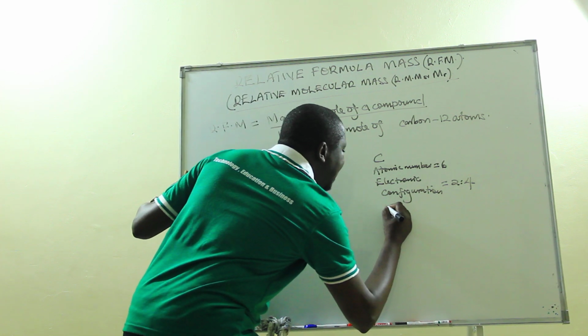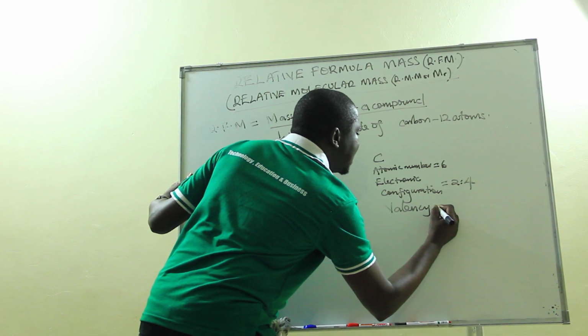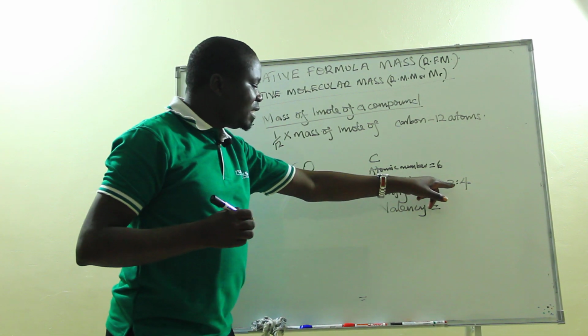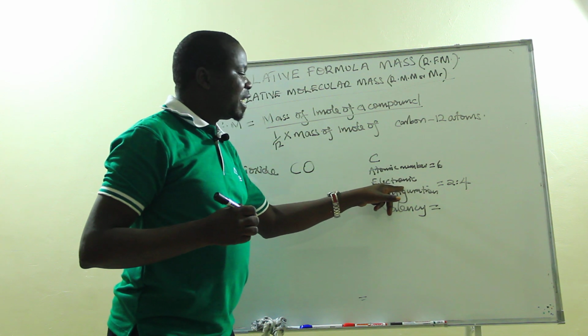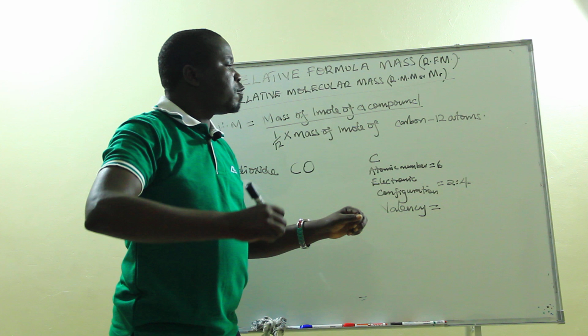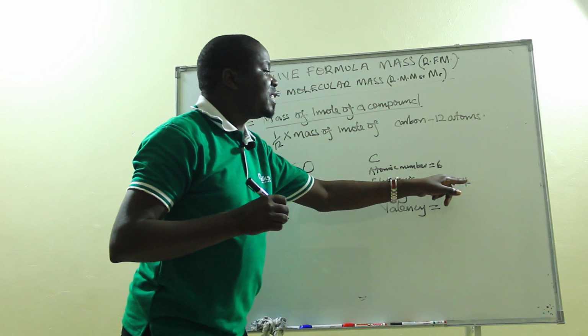Now, if I want to get its valency, the valency of carbon is the combining power of carbon. Since it is a non-metal element, I subtract the number of electrons in the outermost shell from the maximum number of electrons that this shell can carry, that is 8.